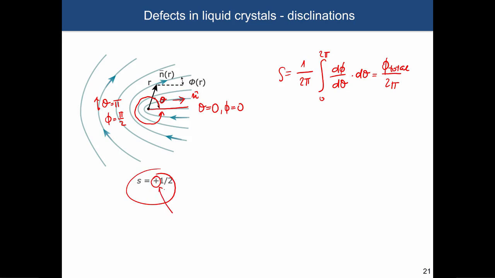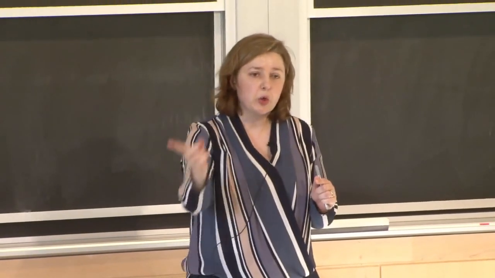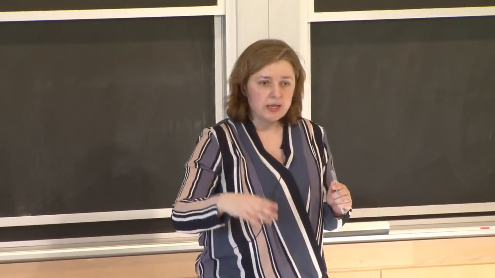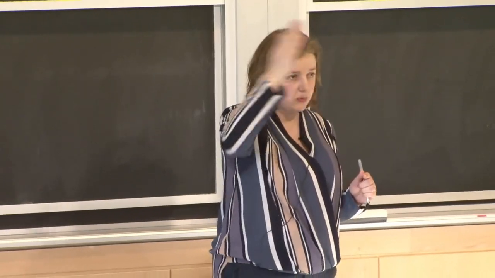the sign here, plus, means that theta and phi are rotating in the same direction. As I make this circle, my angle is going in the counterclockwise direction, and at the same time the director is changing direction with the same sign.